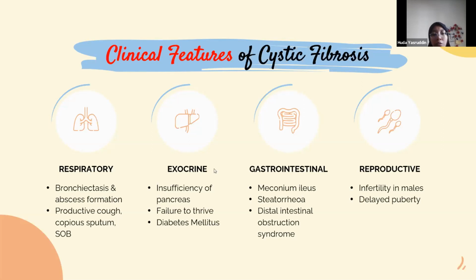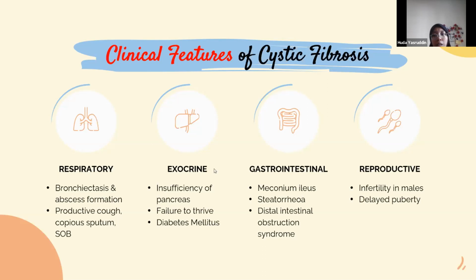And then in the exocrine system, which is the pancreas, there will be pancreatic insufficiency, in which there will be deficiency of all the enzymes such as lipase, amylase, and also protease. When there is deficiency of these enzymes, there will be maldigestion. Every food that the patient takes cannot be absorbed into the patient's body.